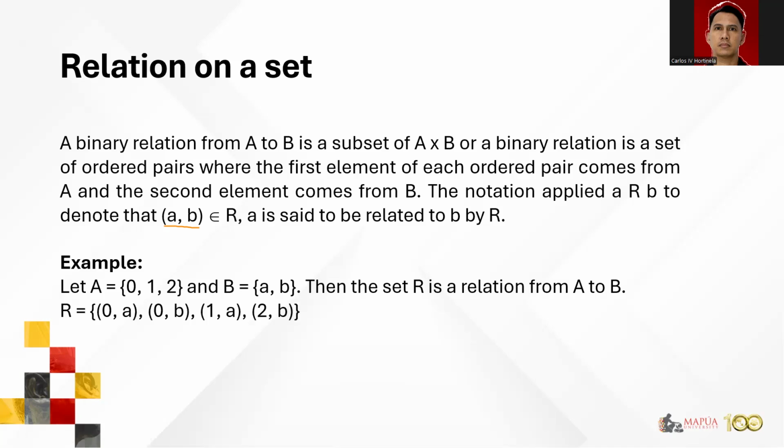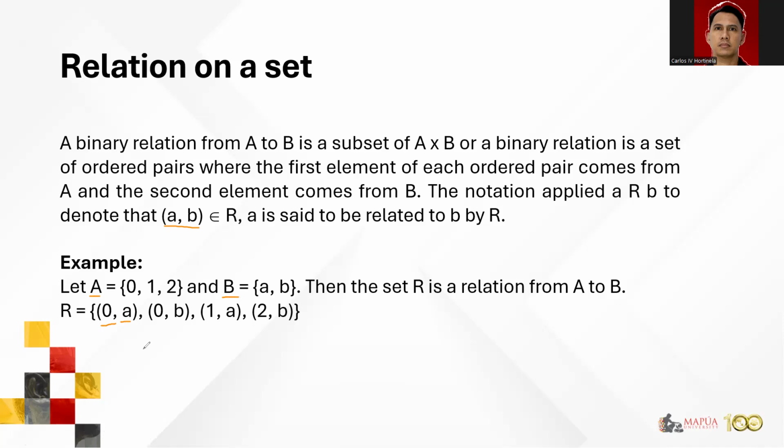So you could form the relation set containing 0, comma a, 0, comma b, 1, comma a, 2, comma b. You will notice that in each of these ordered pairs given in your relation set, the first element always comes from set A, joined together with an element taken from set B.